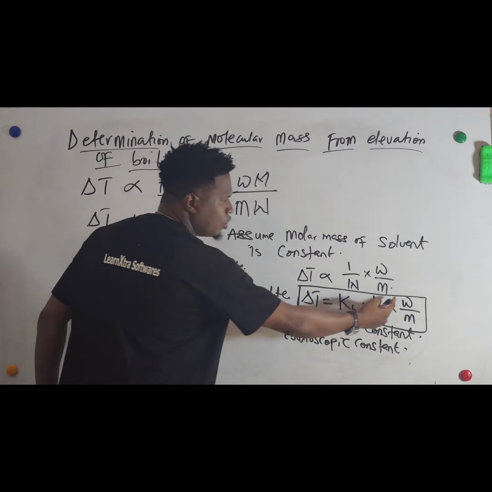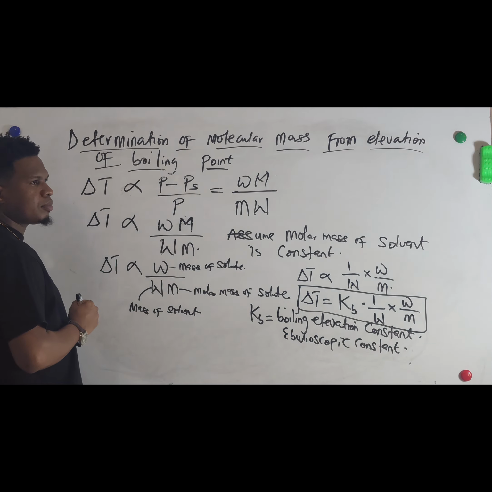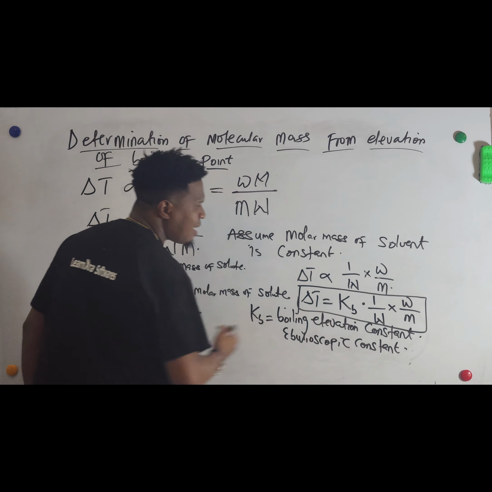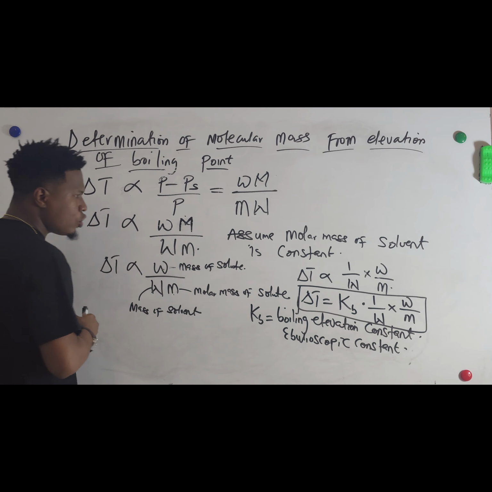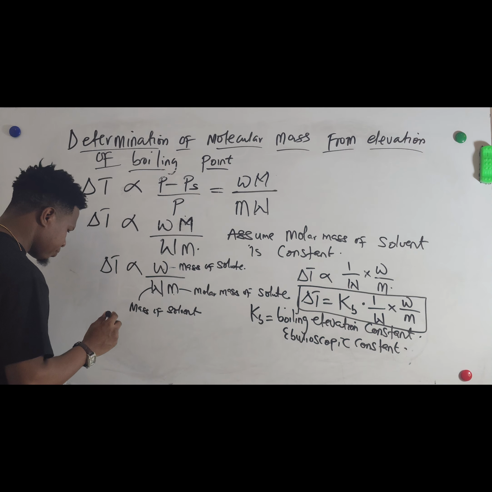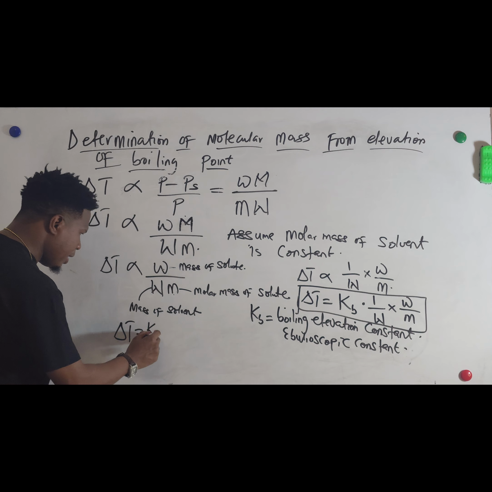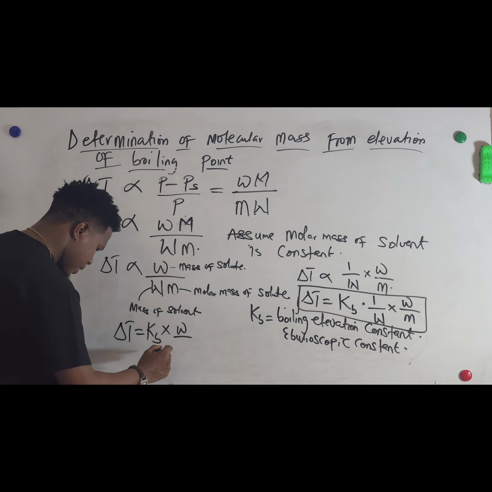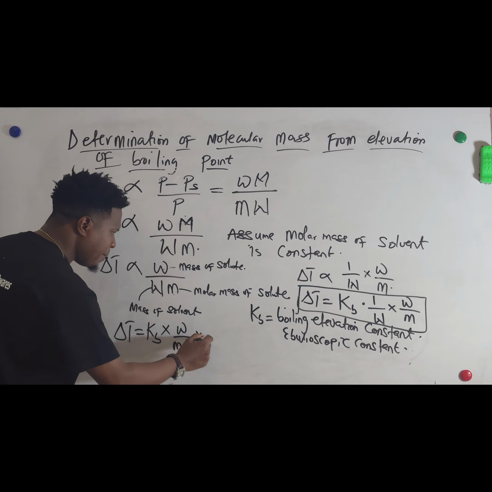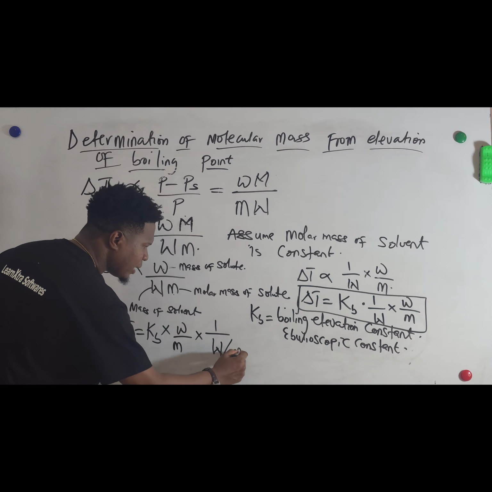Now, if you look at this, W over this represents mole, while W represents mass of the what? Solvent. So what you are seeing here is also the same thing as saying that change in T is equal to KB times W over M times 1 over W divided by 1000.